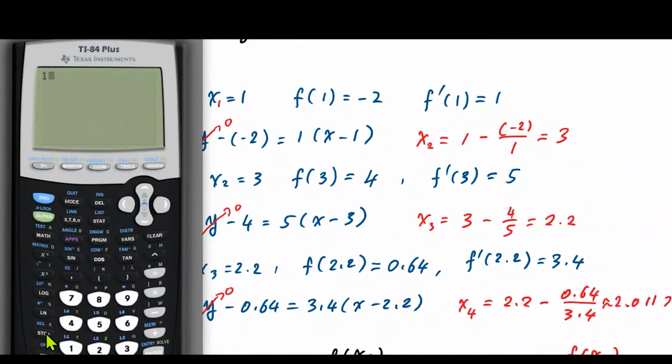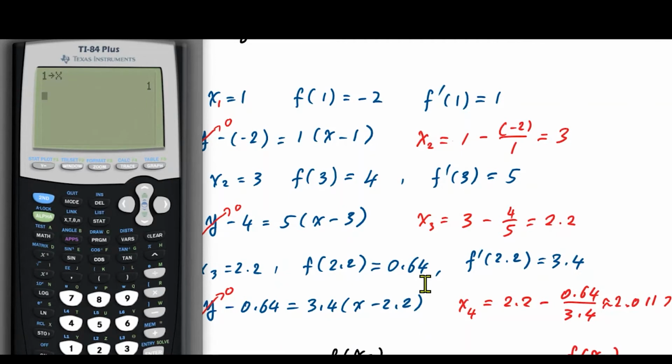Store button right here. You see it? And then we put X. We are storing 1 into X. That's our x1. It doesn't do subscripts, so we have to just imagine the subscripts. Our subscripts are here for our convenience, but machines are not that smart. Okay, enter. So this calculator is going to remember X to be 1 for the time being.